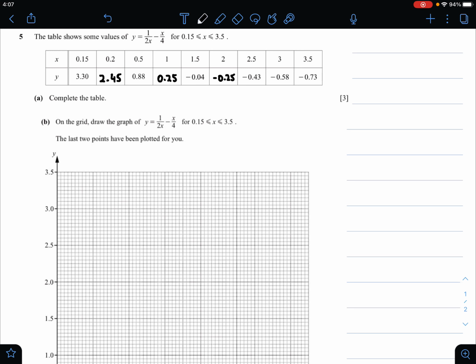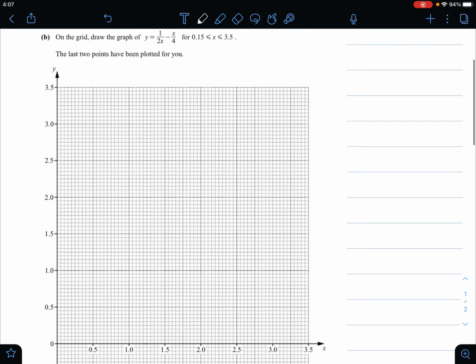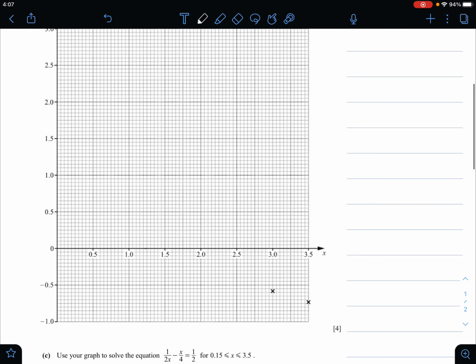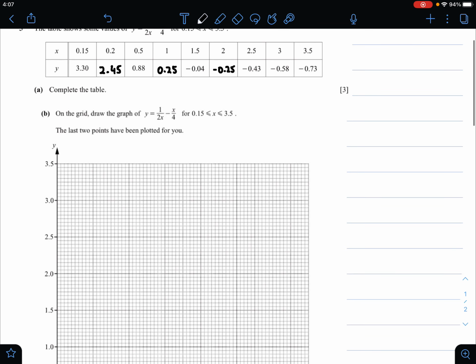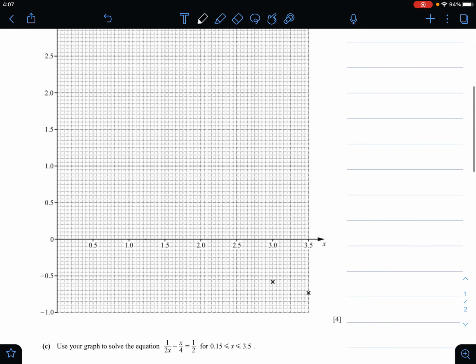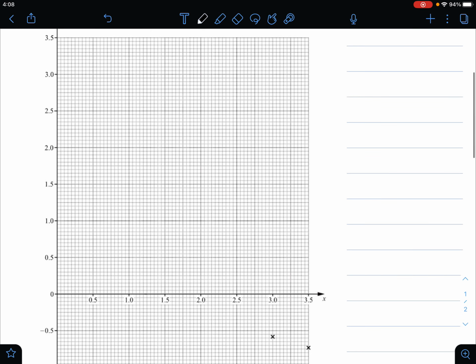For part B, they are asking us to draw the graph on the graph that they've given below, and they've told us that the last 2 points have been plotted for us. Okay, so let's plot it point by point. When x is 0.15, y is 3.3.